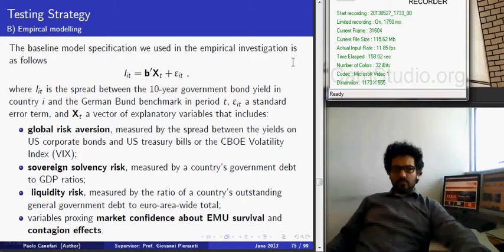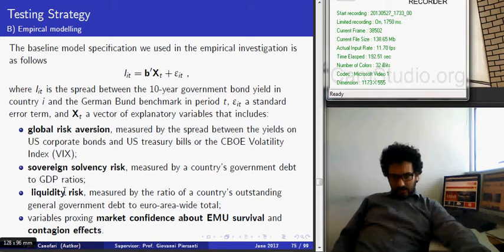Finally, in order to assess the impact of the euro breakup, as a first stage we use our indicator of euro sustainability, the difference between our shadow exchange rate for country i and the shadow exchange rate for Germany. So we have an assessment of the shadow devaluation for country i.